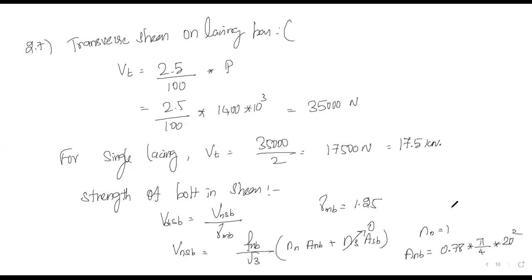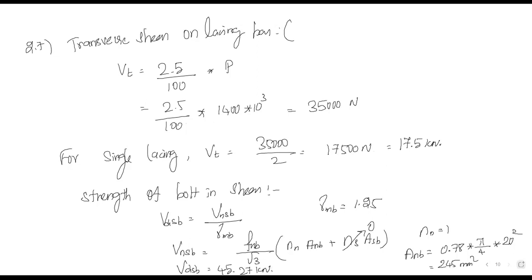So it becomes 245 mm square. If I substitute this value, then VDSB becomes 45.27 kilonewton.